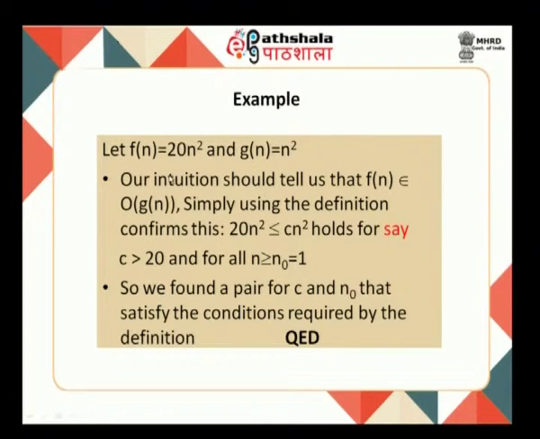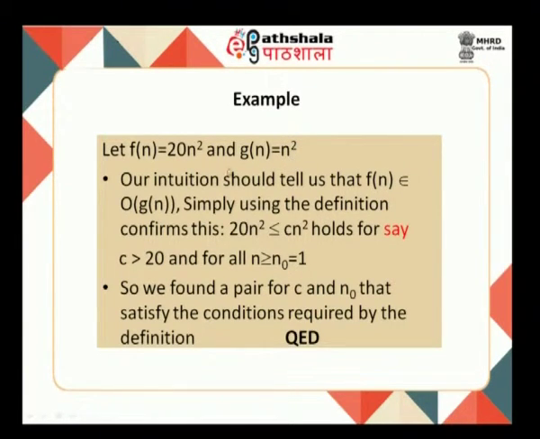Fine. We will take one simple example to illustrate that. For example, I am given an algorithm. If I find t of n of the algorithm, let us say it turns out to be 20 n square, and I want to represent this as a complexity function. Naturally, I assume that the complexity function is going to be n square.